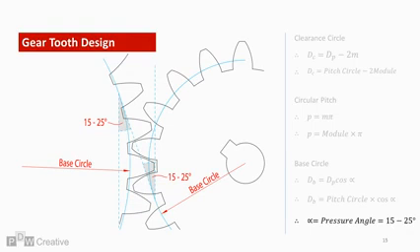The angle of interaction, line of action, or pressure angle is the angle of the line between the two base circles, connected by tangents. The line and angle refers to the direction of the force through the tooth contact. The larger the pressure angle, the smaller the base circle diameter.